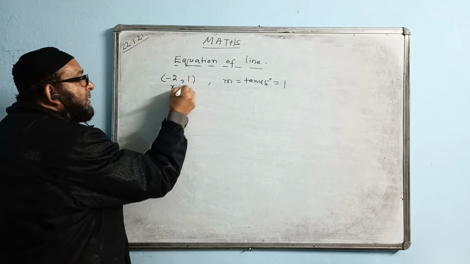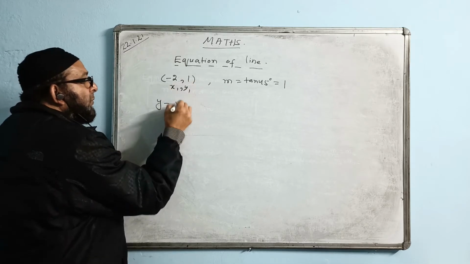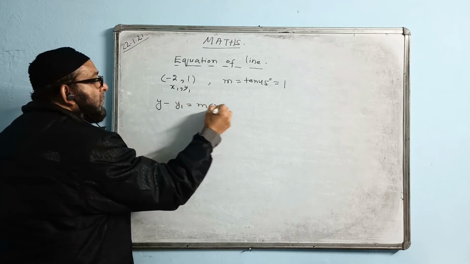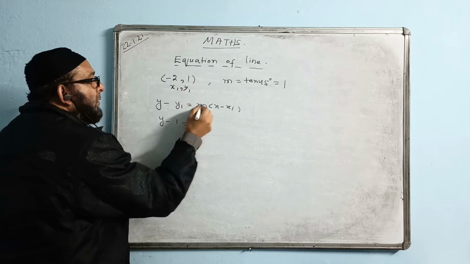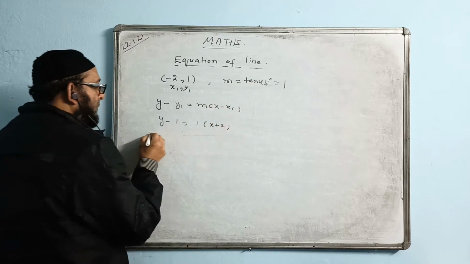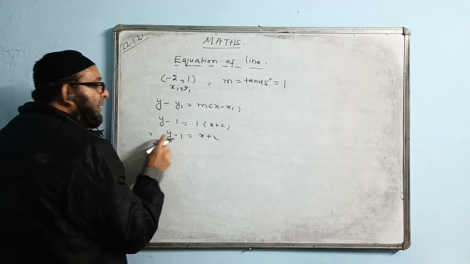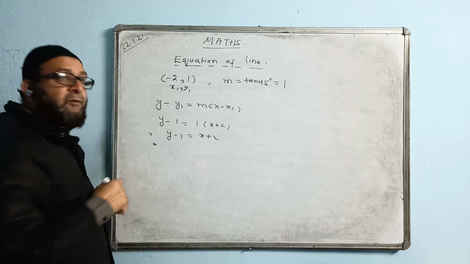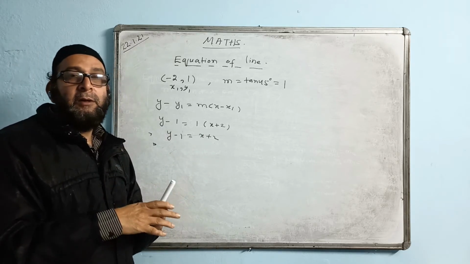So m is known and the point is known. I mark the point as x1, y1. How to find the equation? Let us write the formula first: y minus y1 equals m into x minus x1. Y minus y1 is y minus 1, the m value is 1, and x minus x1 becomes x plus 2. So y minus 1 equals x plus 2. We try to keep x positive. The format we follow is first x, then y, then the number, and everything equal to 0.